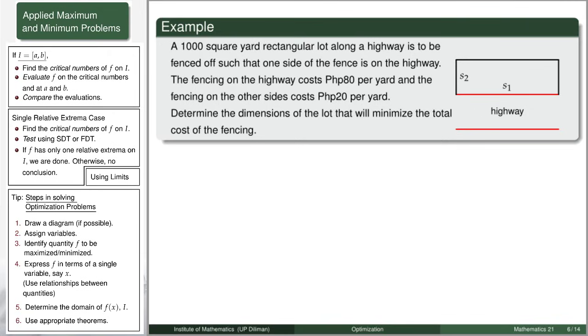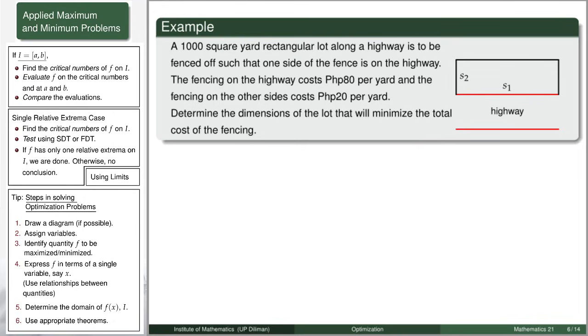For us to be able to solve this properly, we will still be following the steps in solving optimization problems as indicated on the left side. This is clearly an optimization problem because of the word minimize, and what we want to minimize here is the total cost.